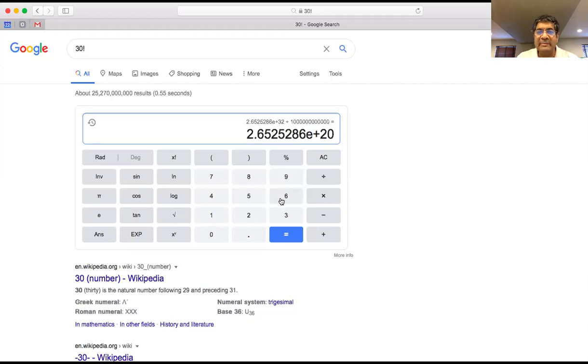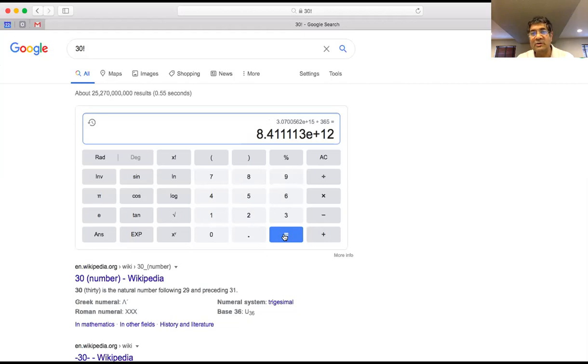So we should divide by 60 to get the number of minutes, and then divide by another 60 to get the number of hours, and divide by 24 to get the number of days, and then divide by 365 to get us the number of years.